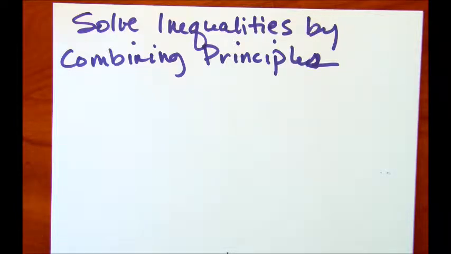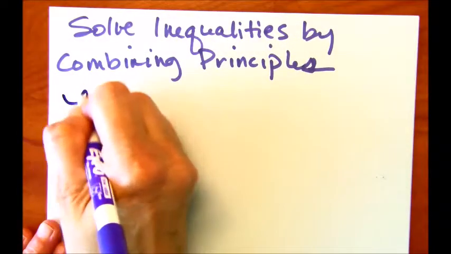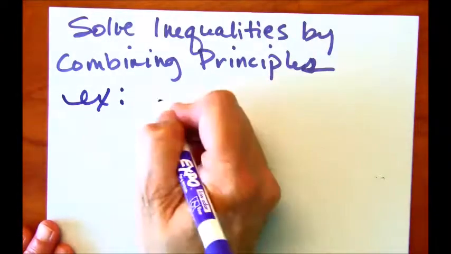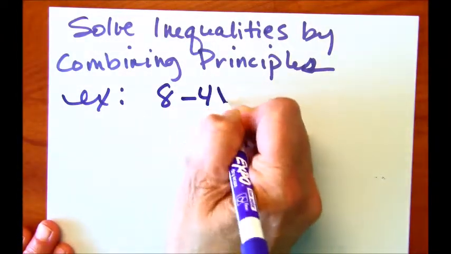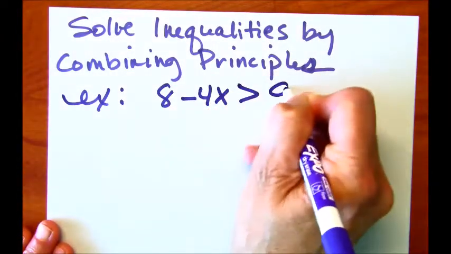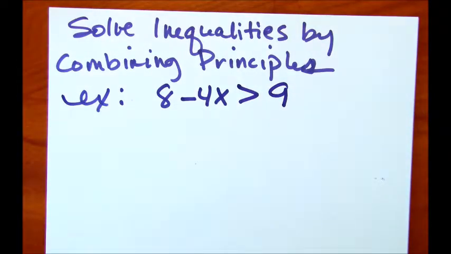All right. In our first example, we have 8 minus 4x is greater than 9. One other thing I want to mention before we continue is that for each of these problems, I'm going to graph my solution and then check it.